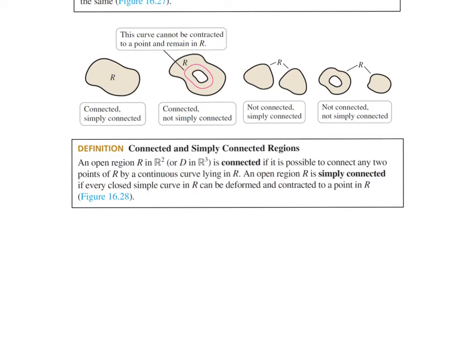The first diagram, this region, is connected. The reason is that if I pick any 2 points, and it doesn't matter where these 2 points are in my region, I can connect them with a curve where the curve is also in the region.